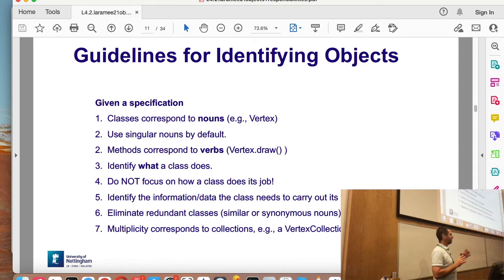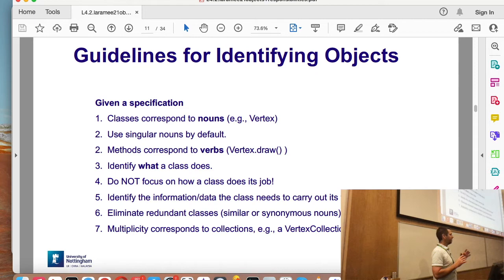One is, if I have a class called vertices, I'm not really sure what it is or what it does. I can take a guess, but it's not very informative. And if you notice the Java API, they never do this.